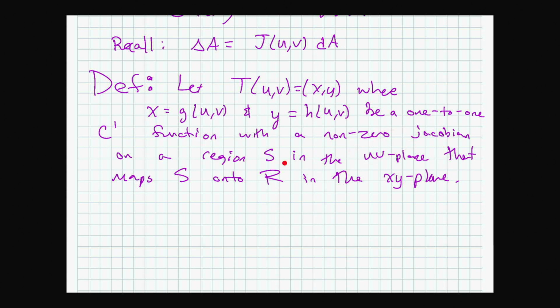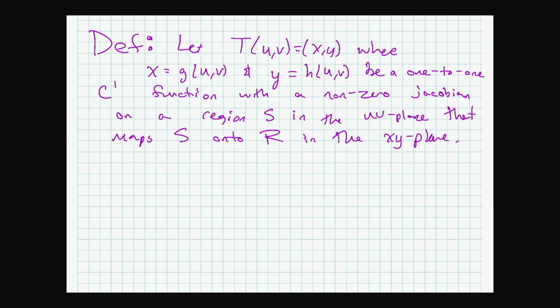They didn't explain why, but I think what that will do is keep an area in the uv plane from mapping onto a point in the xy plane. I'm not sure, but something like that. So these are just requirements that you need your transformation to have in order to make this work out.